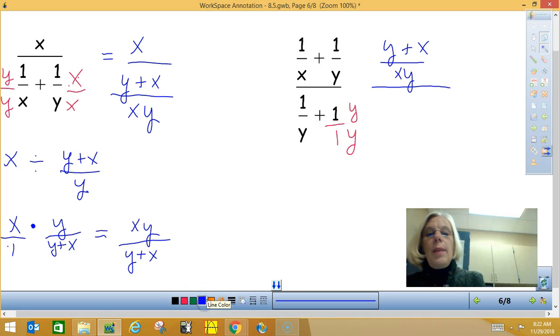So the denominator has a common denominator of y, so I have 1 plus y over y.